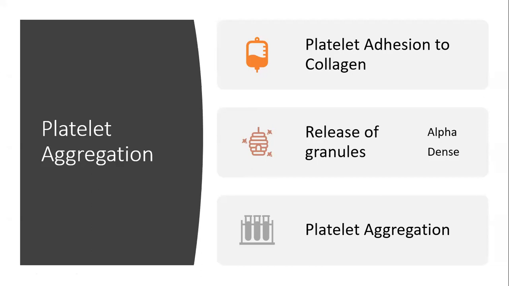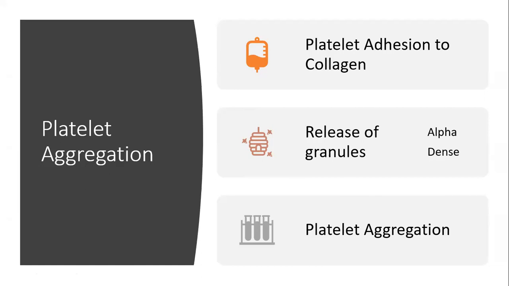So let's go first with your platelet aggregation. Your platelets adhere to the collagen via different receptors. You have glycoprotein 1A, 2A, glycoprotein 6, glycoprotein 1B, 9, as well as 5, which is mediated by your von Willebrand factor.